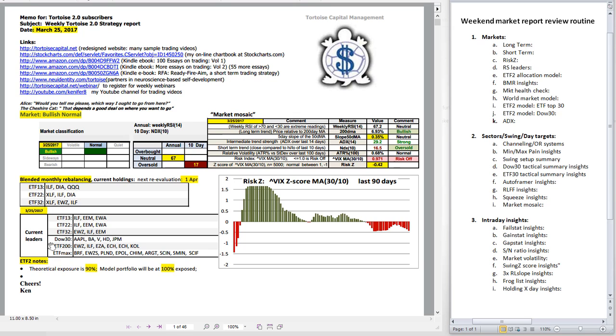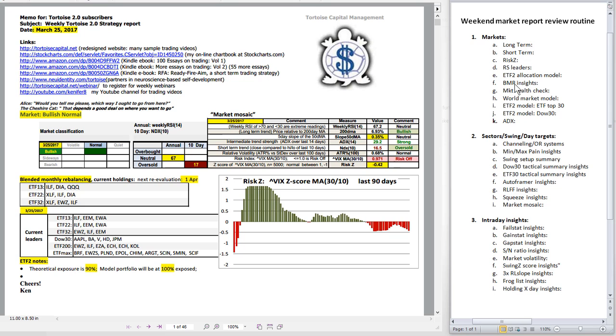And then among the stocks and ETF max areas, you can see the leading candidates. Theoretical exposure of the ETF2 models at 90%, the model portfolios at 100%. So from these two, the RS leaders, ETF2 allocation model, I'm looking for broad global leadership.